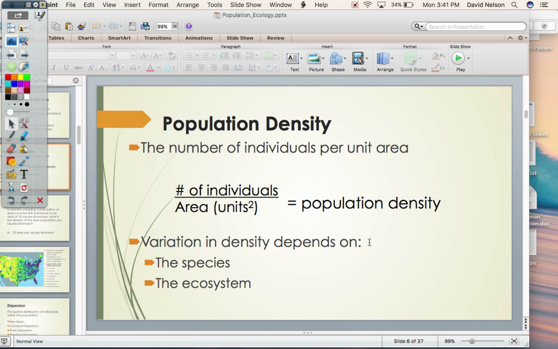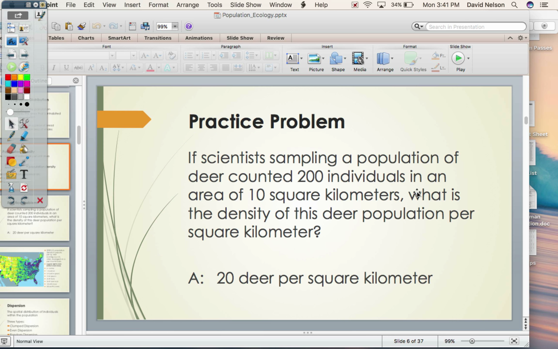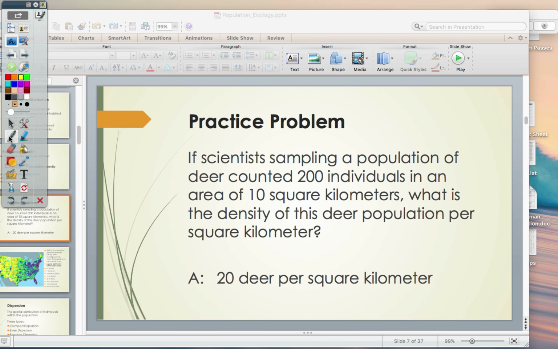So looking at an example of how to calculate density, again, look at this formula. We have number of individuals divided by the area in units squared is going to give us our population density. So let's go here. If we have a scientist sampling a population of deer and he counted 200 individuals within an area of 10 square kilometers, what's the density of this deer population per square kilometer?